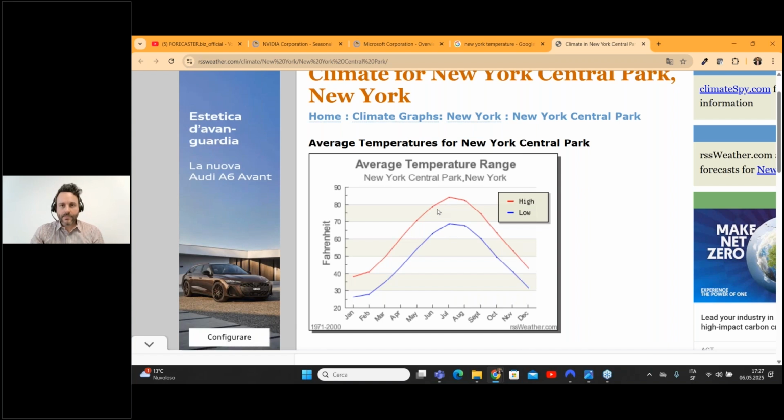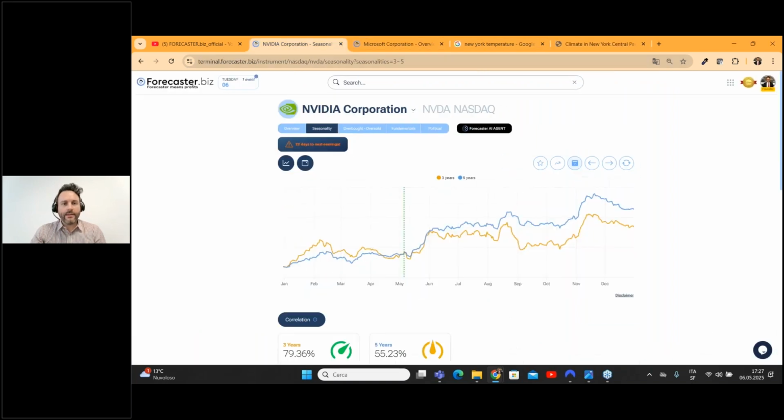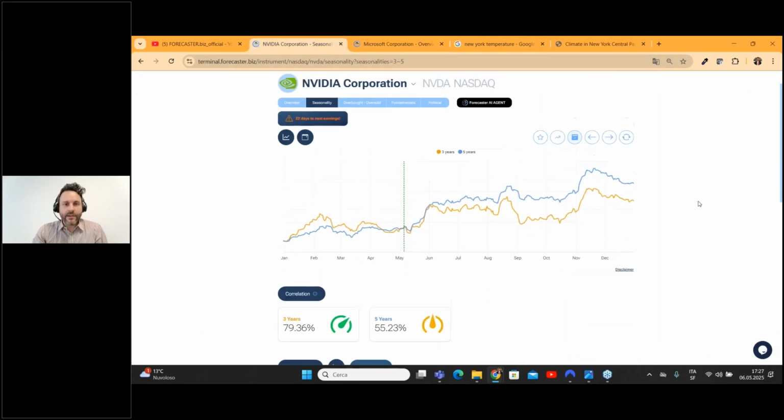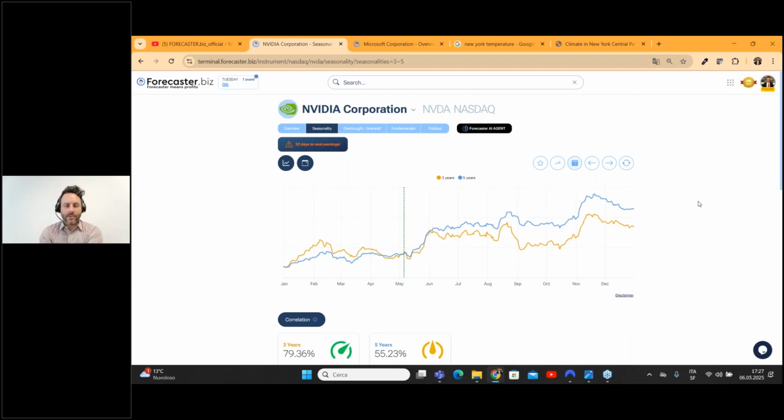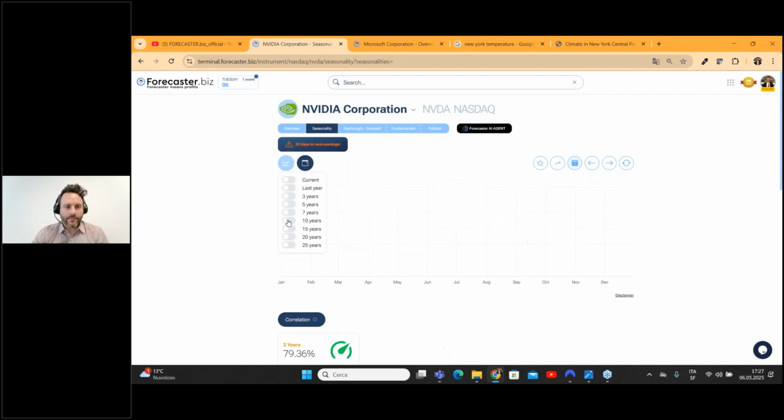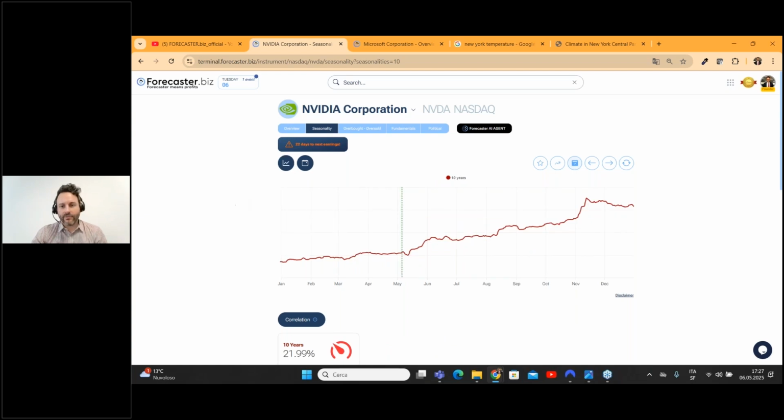So what we do with seasonality is exactly the same. If, for example, we plot the 10-year seasonality for Nvidia, what we do is very easy, because we take the chart of Nvidia starting from the 1st of January until the end of December for the last 10 years.